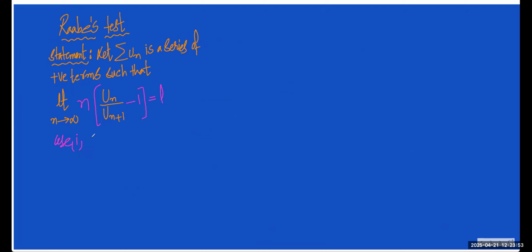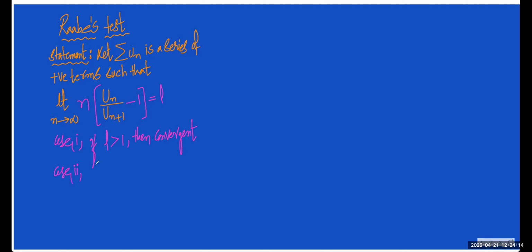In case number 1, if this value L is greater than 1, then the series converges. Next, case number 2.